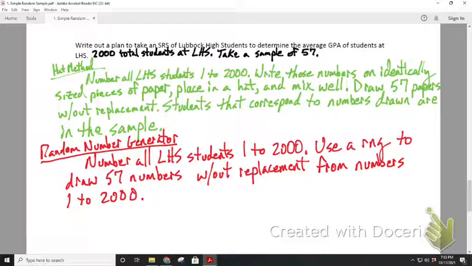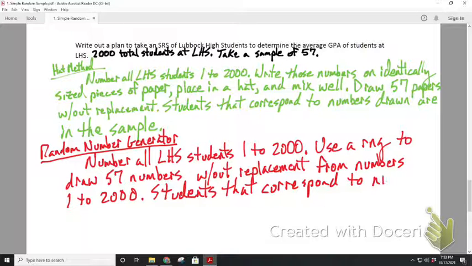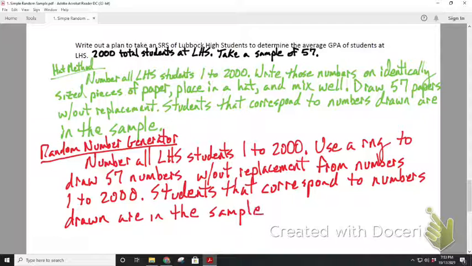If you want to say inclusive, you can, but I feel like that's implied. Students that correspond, I think you get the picture at this point, but let's finish this up, to numbers drawn are in the sample.